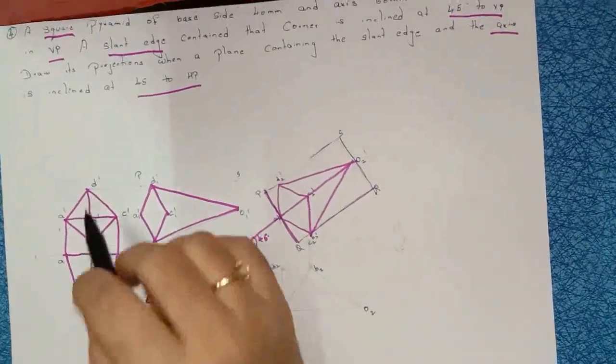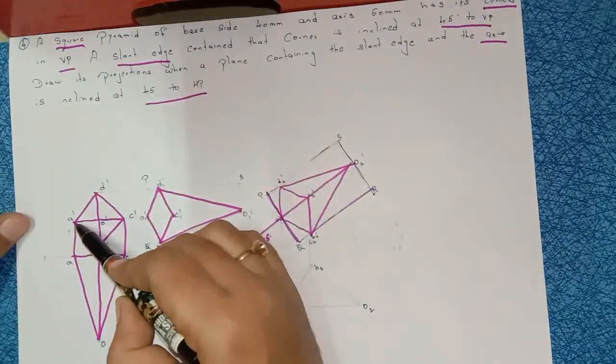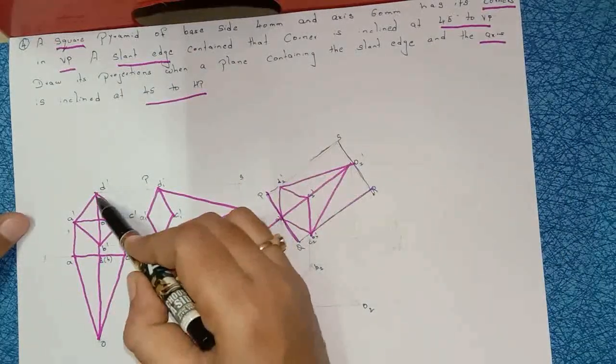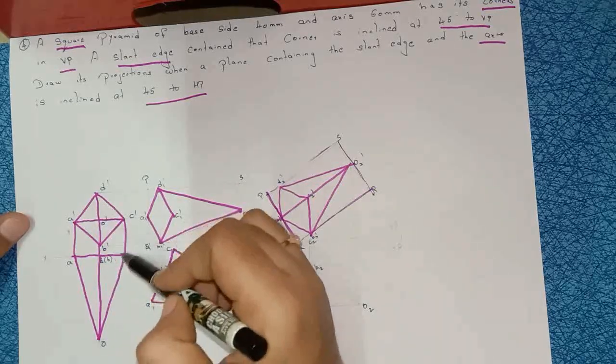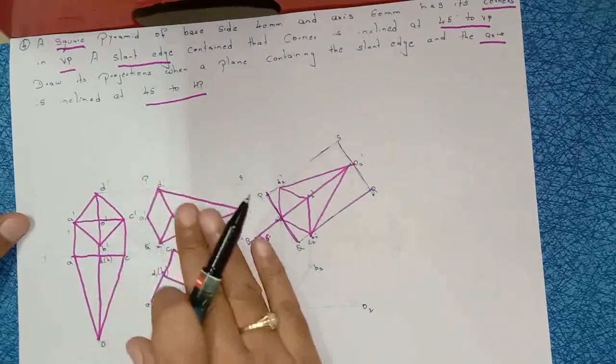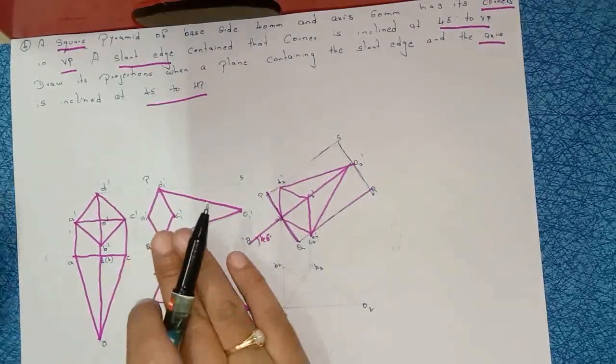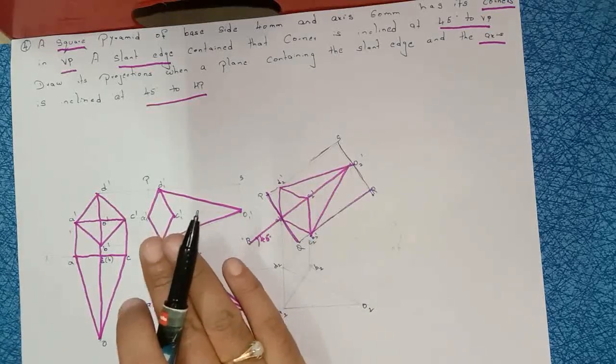Right? So first position, square, corner, VP. Construct the square. Project this one. Right? This is your initial position. Now coming to middle position, I want to tell here one thing. We solved previous solved problems.